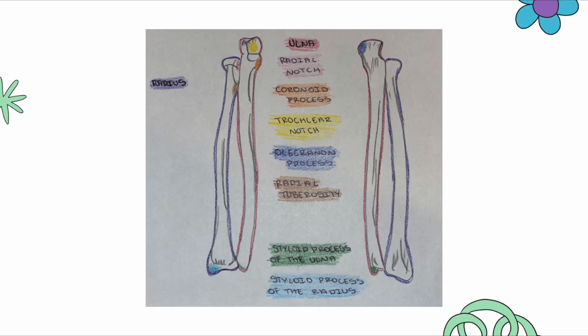It's going to be a little bump, not a process, but just a little bump, therefore it's a tuberosity. And then all the way at the bottom of that picture, in the light blue, is going to be the styloid process of the radius. So again, it's like the styloid process for the ulna, but this time it's on the radius.